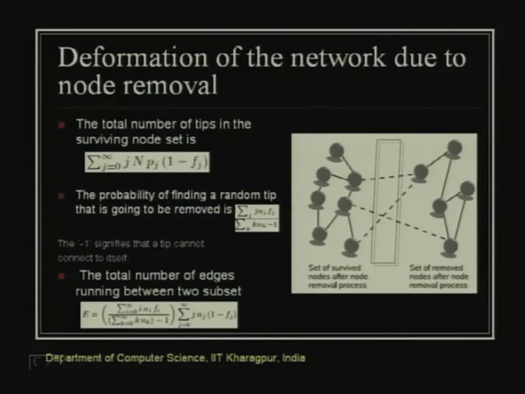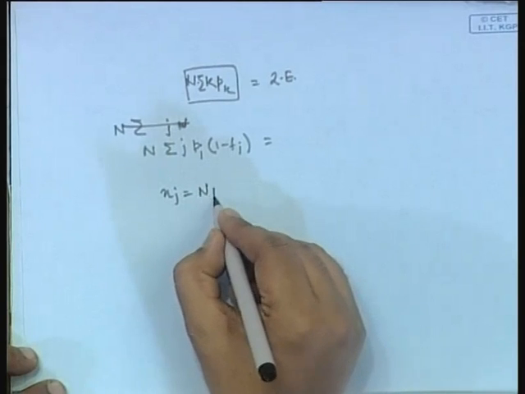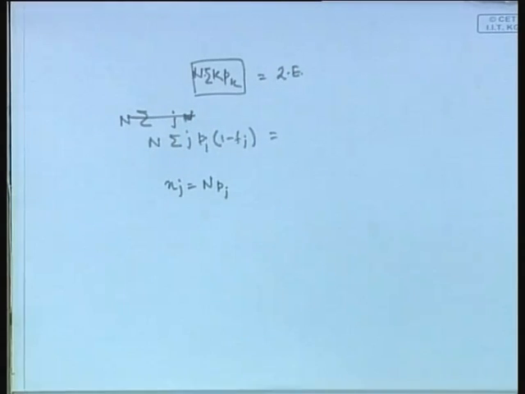And how many removed tips are there? All tips here are removed, and the number of removed tips here, I have written n j, which is actually n pj fj. So these are the number of tips which have been removed.